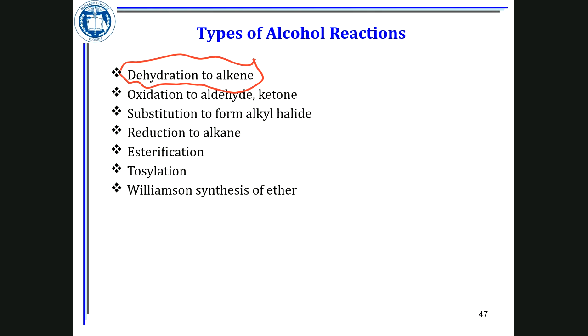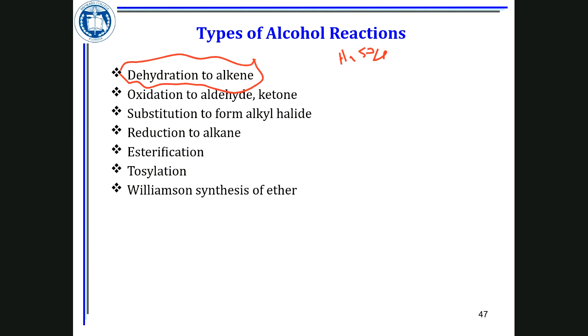To make the alkene, you start with alcohol, and then you would use concentrated H2SO4. What concentrated H2SO4 is going to do is protonate the OH first, changing it to H2O. H2O would leave, you have a carbocation, and you remove hydrogen from the adjacent carbon to change it to alkene.